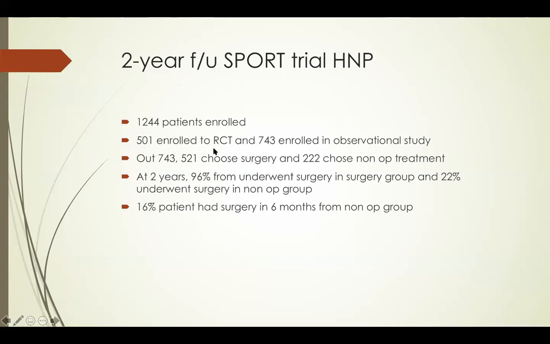They asked the patient if they wanted to undergo the randomized controlled trial or the observational study, meaning you decide your treatment and we put you on a study and compare non-op versus operative. They initially enrolled 1244 patients, 501 in the randomized controlled trial versus 743 patients in the observational study. And then, as you know, when you do this, there's always a bias, right?